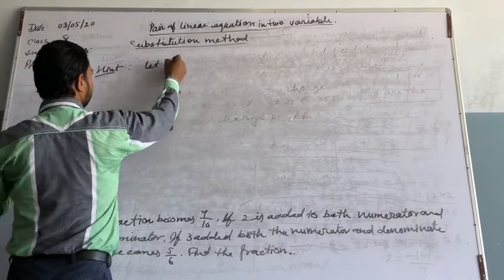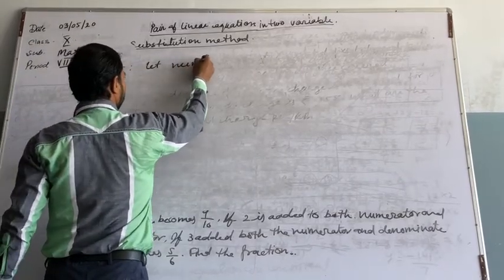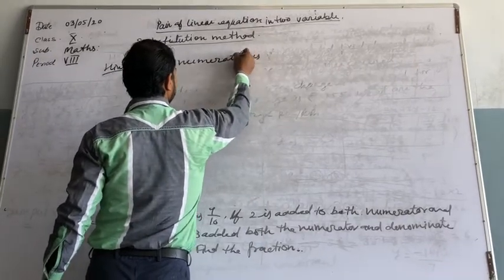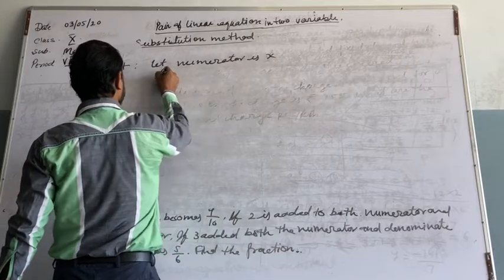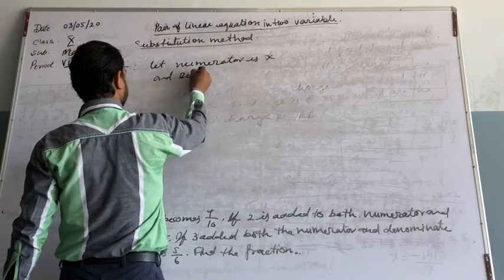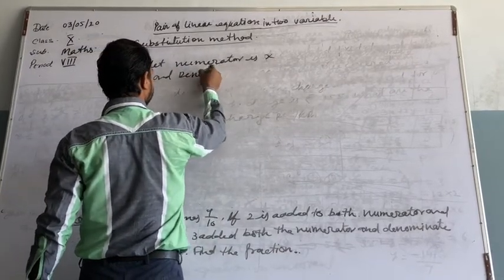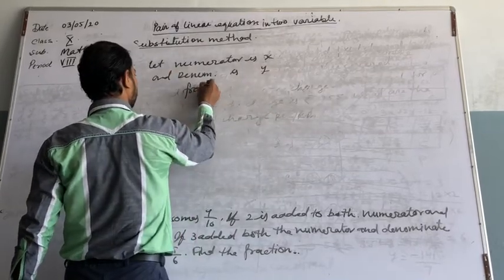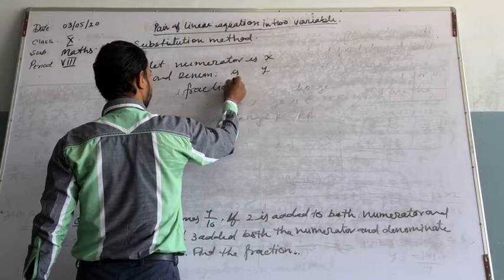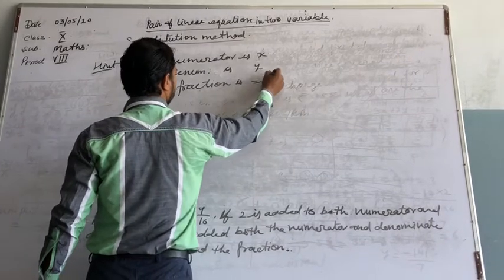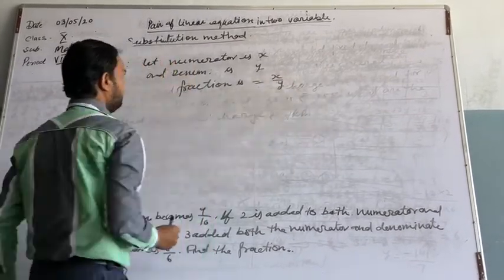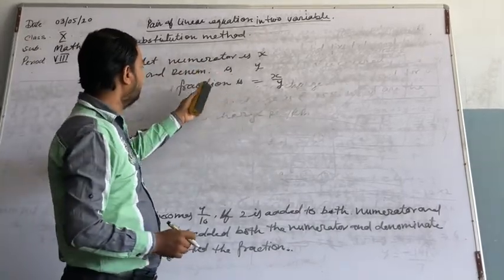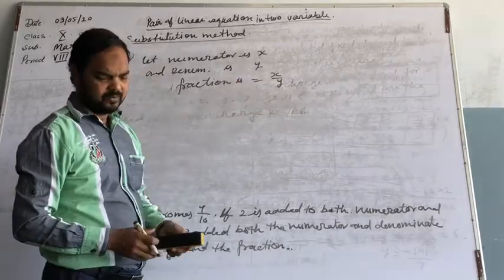Let the numerator be x and the denominator be y. Now the fraction is x upon y. We suppose the numerator is x, the denominator is y, and the fraction is x upon y, right?